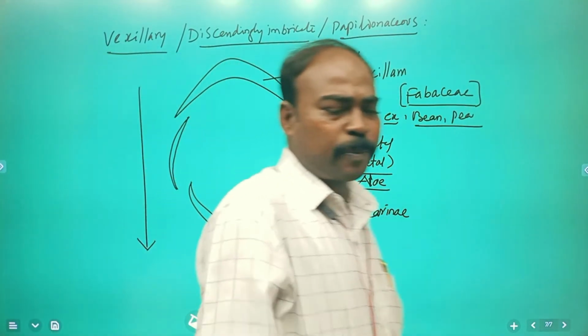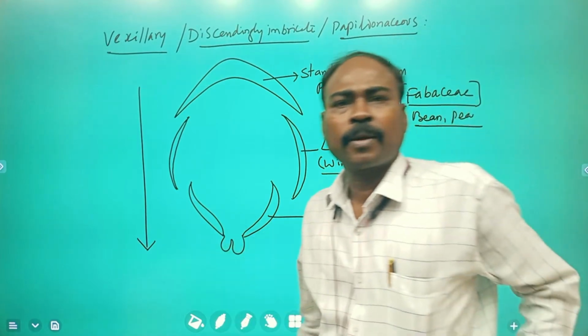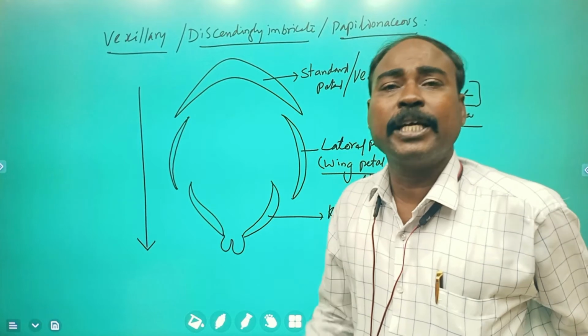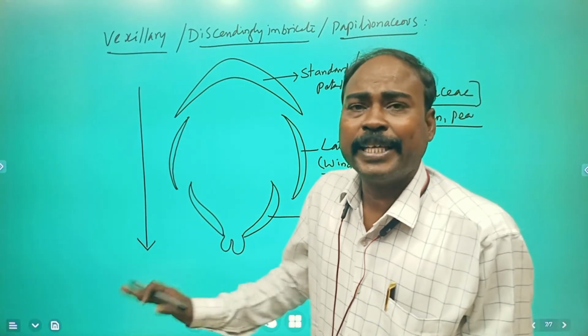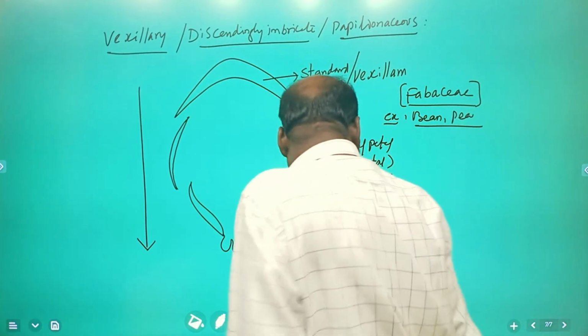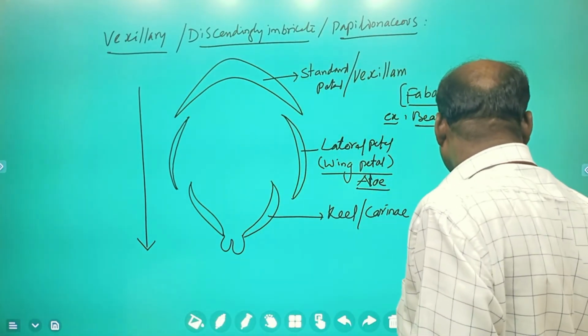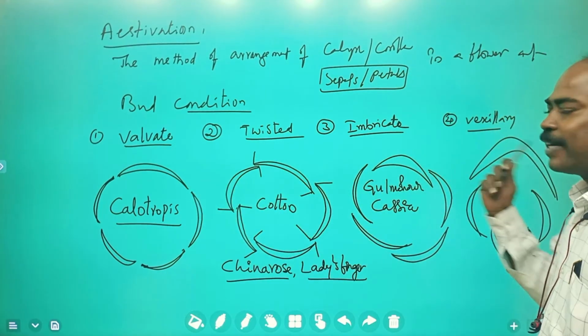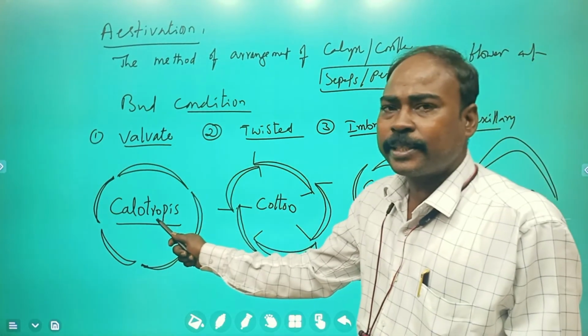So the method of arrangement of floral leaves such as calyx and corolla in the bud condition of a flower is known as aestivation. The aestivation is classified mainly into four types, that is valvate, twisted, imbricate and vexillary. What is valvate?